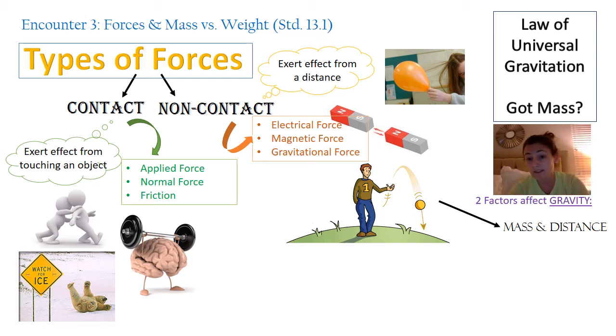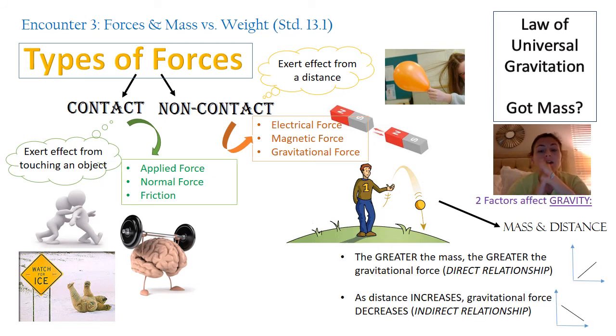We don't feel it, but we have mass, and there's an attraction there. There are two things that affect gravity, mass and distance. The greater the mass, the greater the gravitational force. That means as one goes up, the other also increases. That is called a direct relationship.